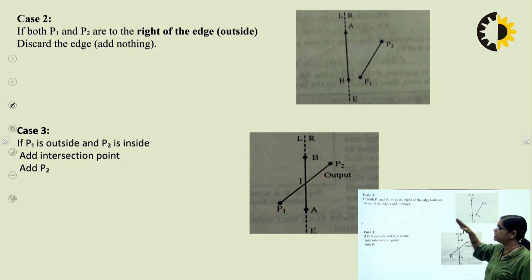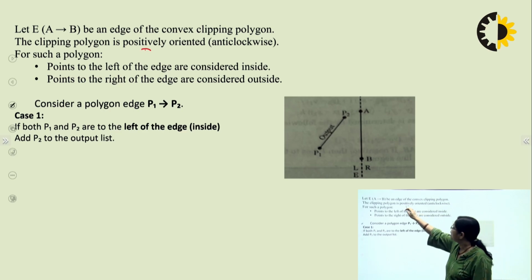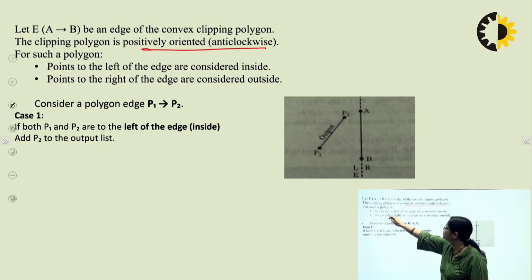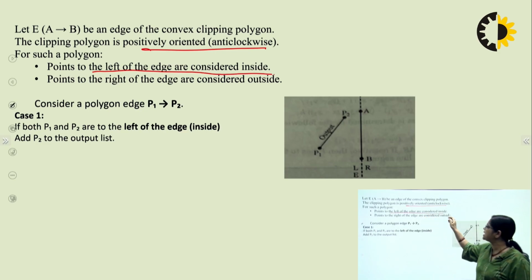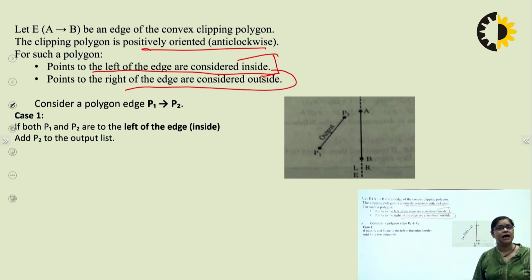That's why in the previous slide we took it as inside, and here I am taking the right side as outside, because I have said that the clipping polygon is positively oriented. The points to the left of the edges are considered to be inside, and points to the right of the edges are considered to be outside.